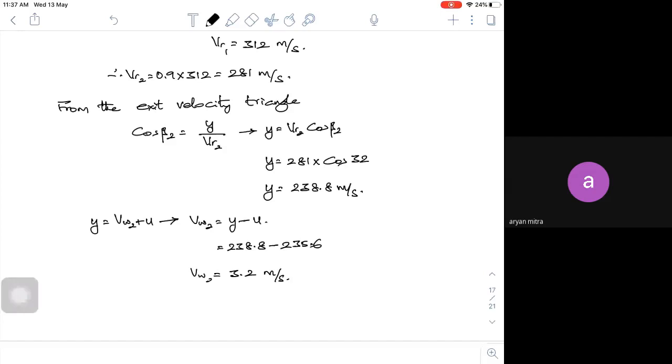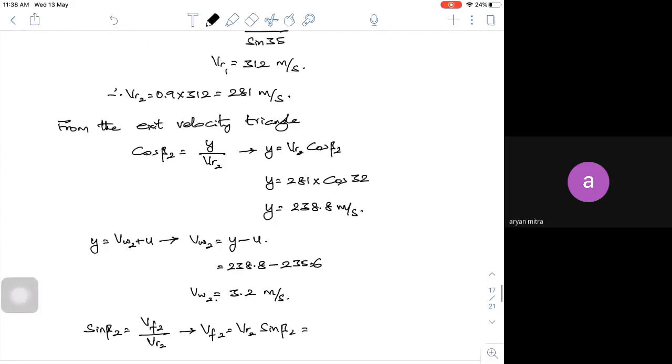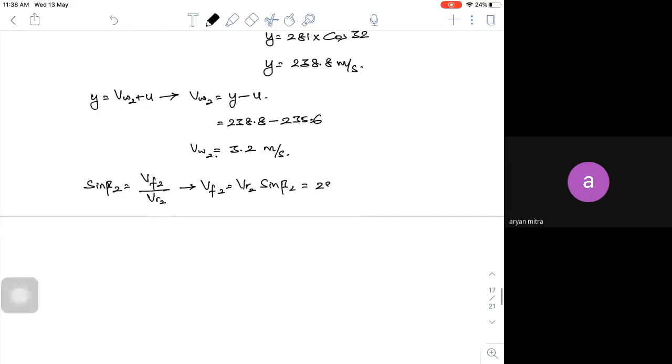So I need to find the axial force. One I have calculated, two remains. If I use sine beta 2, which is Vf2 divided by Vr2, I can find Vf2 equal to Vr2 into sine beta 2, that is 281 into sine 32.